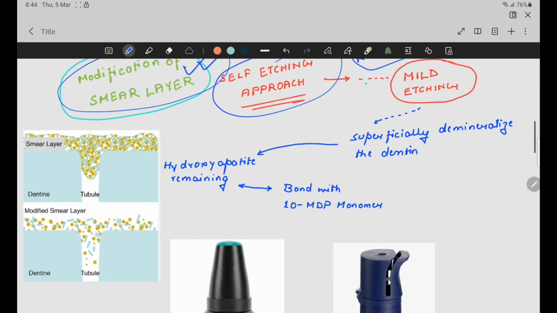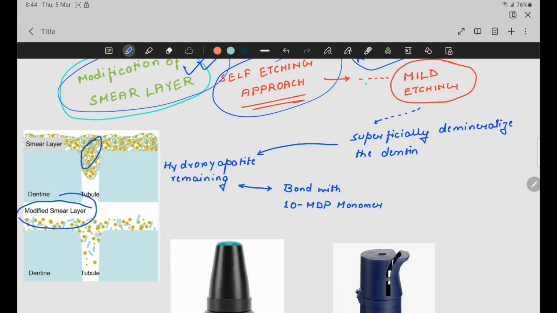What was used earlier was the complete removal of the smear layer, and only then the resin-dentin bond was formed. But in the self-etching approach, there was a modified smear layer, as we can see here in the diagram.